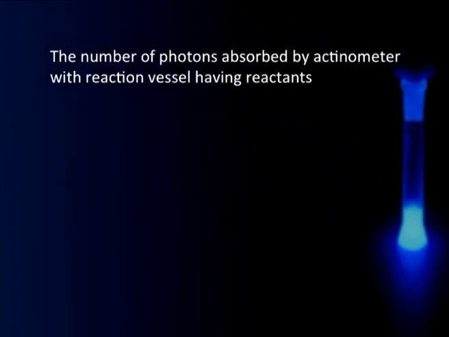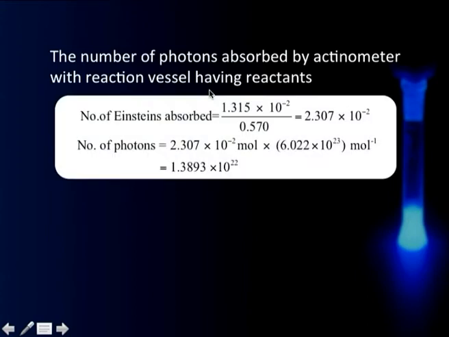Then the second part is the number of photons absorbed by the actinometer when the reaction vessel contained reactants. We do the same exercise all over again. As per data number 3, this is the decrease in the concentration of oxalic acid. Again, divide by the quantum efficiency to work out the number of Einsteins, then multiply by the Avogadro number to get the number of photons absorbed by the actinometer when the reaction vessel contained the reactants.